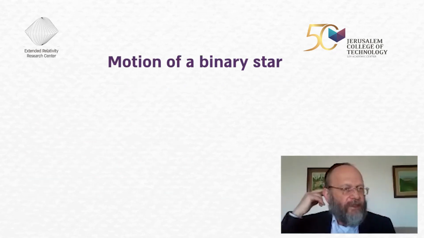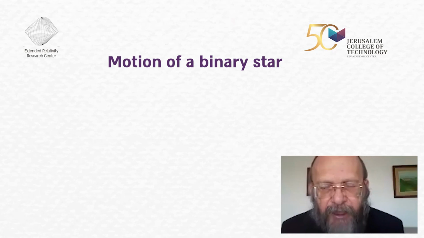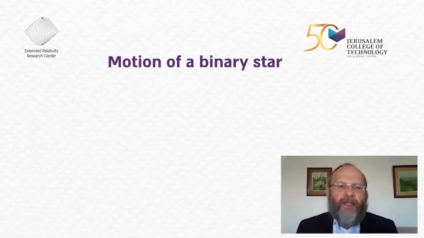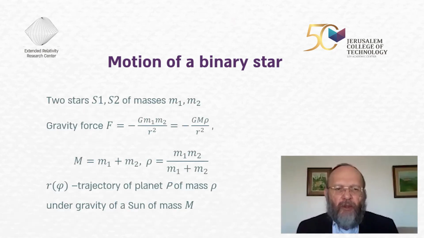We'll see how to solve the problem of what is called a binary star. A binary star is a pair of stars removed far from all other stars. Let's assume they have masses m1 and m2. The gravity force between two masses is G m1 m2 over r squared.